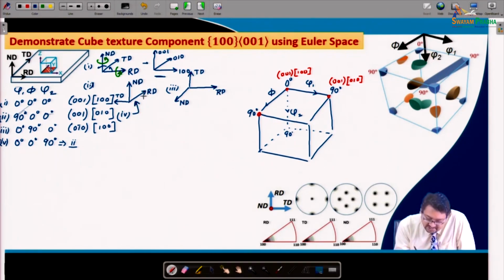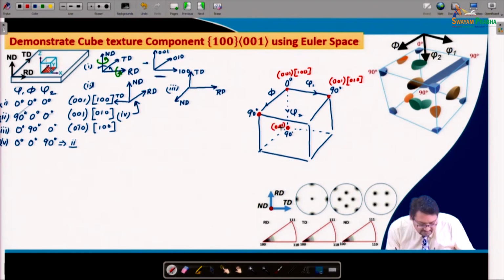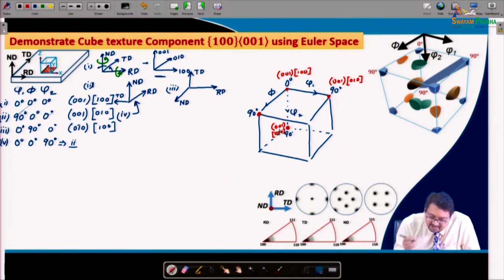So, RD is here and TD is here. So, you see that this is 0, 0, 90. So, this is a position where this will form. Let me show. So, this is the position of another cube component, which in terms of Miller indices is 0, 0, 1, 0, 1, 0, right.